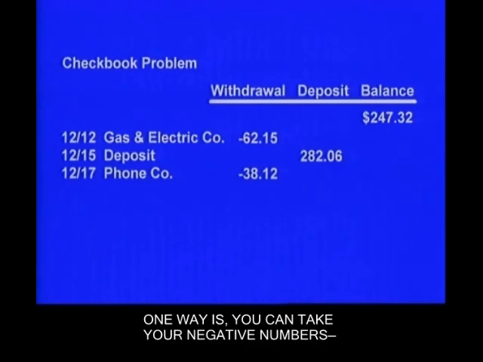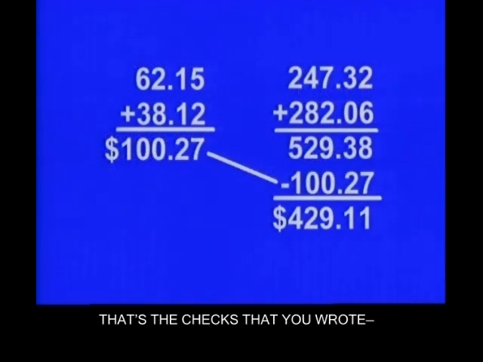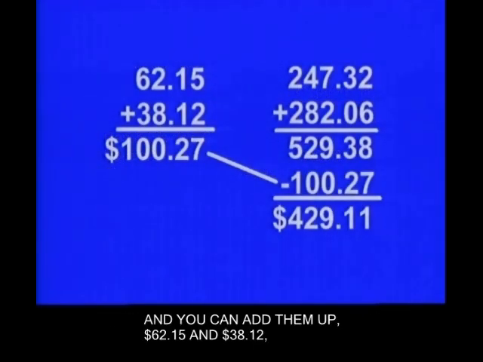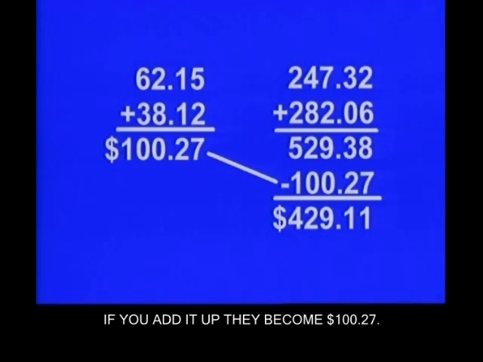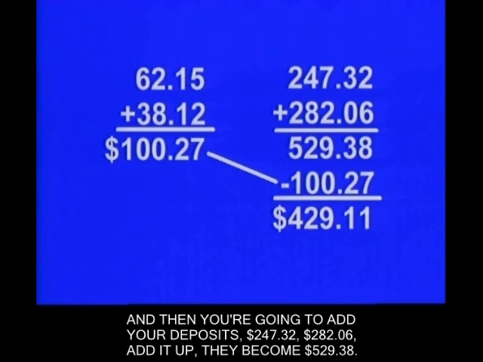Now, there are two ways to do this. One way is you can take your negative numbers, the checks that you wrote, and you can add them up. $62.15 and $38.12, if you add it up, becomes $100.27. And then you're going to add your deposits. $247.32, $282.06 added up becomes $529.38.